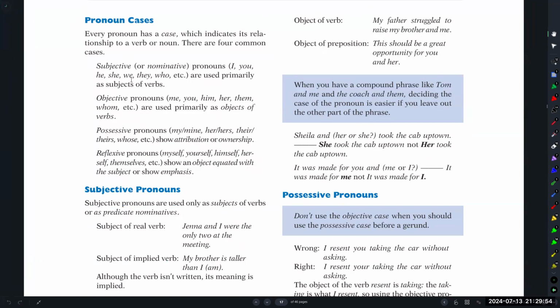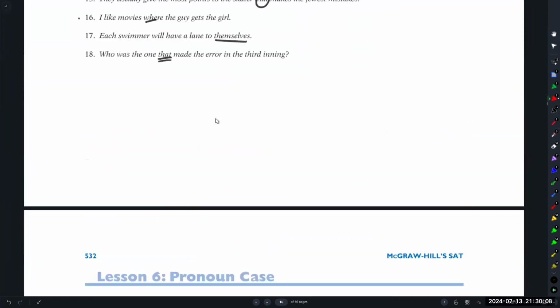The kind of pronoun cases that can be tested are subject and object case pronouns. They're very simple to understand. What's so simple about them?